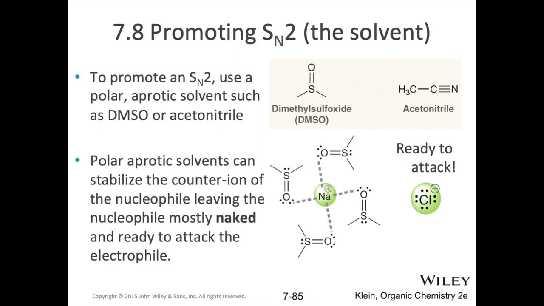What your polar solvent does is it helps stabilize your nucleophile, right? We mentioned that having polar solvent molecules will stabilize the partial charges in your transition states and just throughout your mechanism.